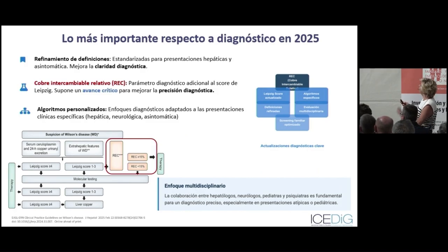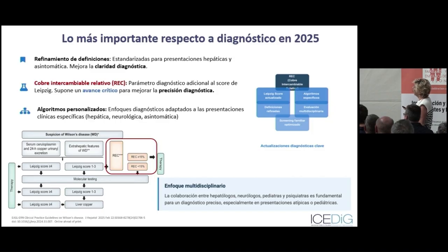So I'm going to speed up. At the end of the day, definitions have been fine-tuned, especially in acute liver failure, in pediatric cases, and during transition. And it's important to include relative exchangeable copper. It's an additional diagnostic parameter that helps in diagnosing the condition.